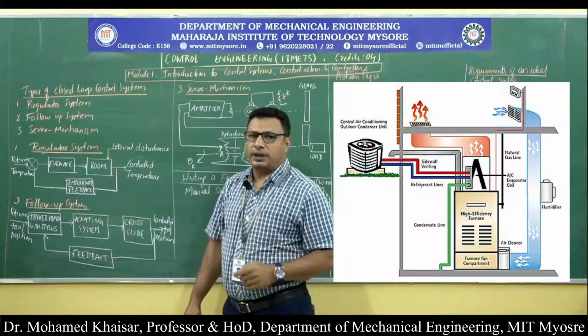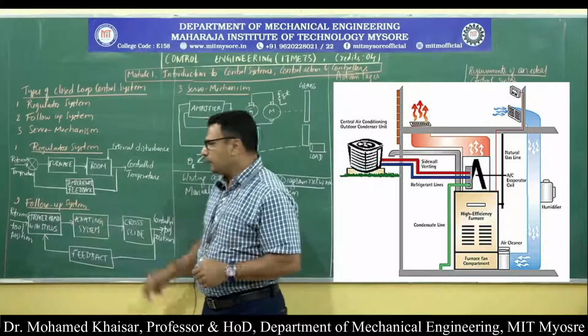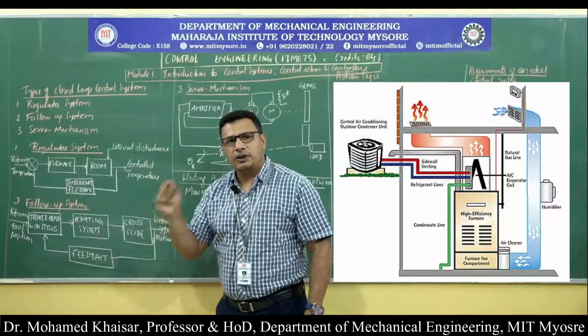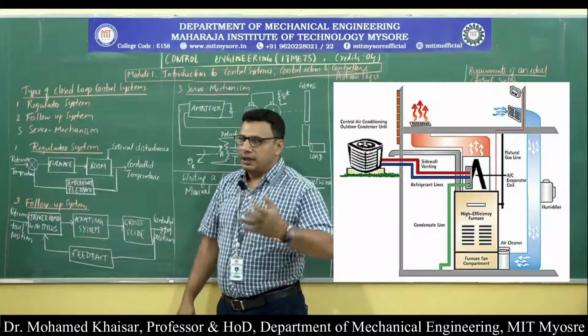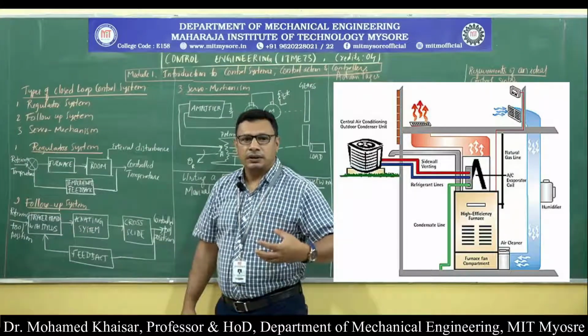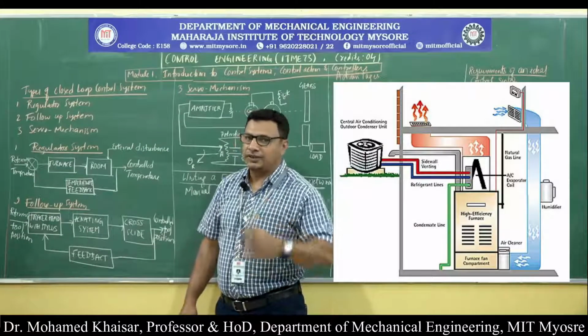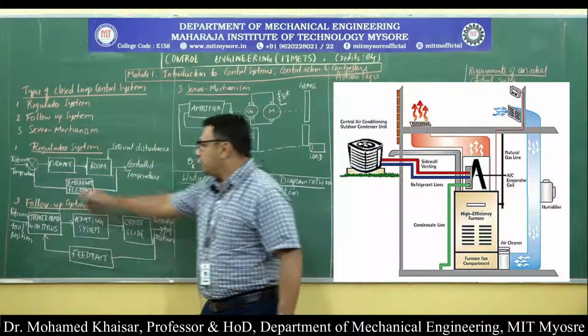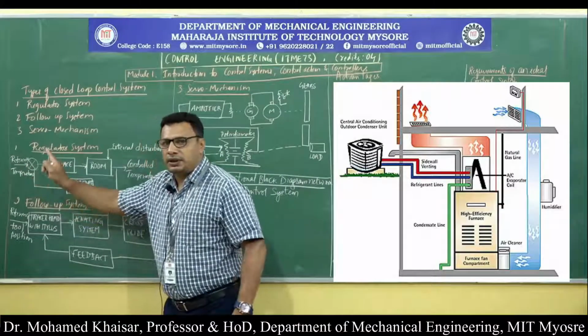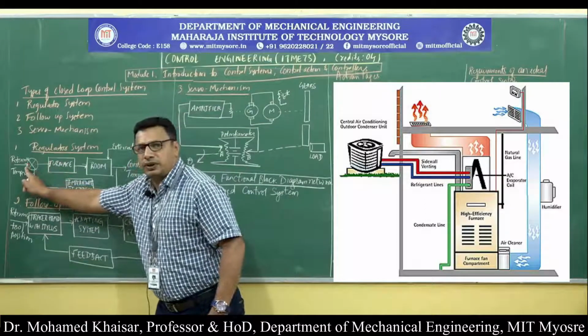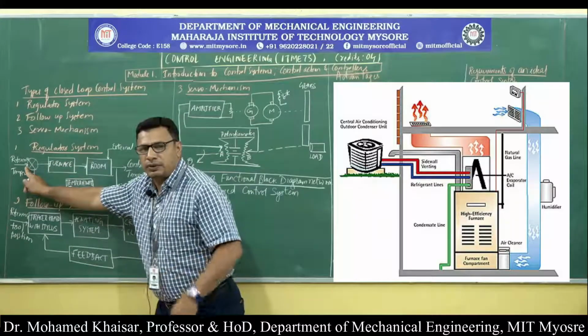Now what is the definition of a regulatory system? The input does not change with respect to time. As time passes on, the input, what we want from the system, does not change. See, whatever temperature, 22 degrees centigrade, it is never going to change. That is the input to the system.